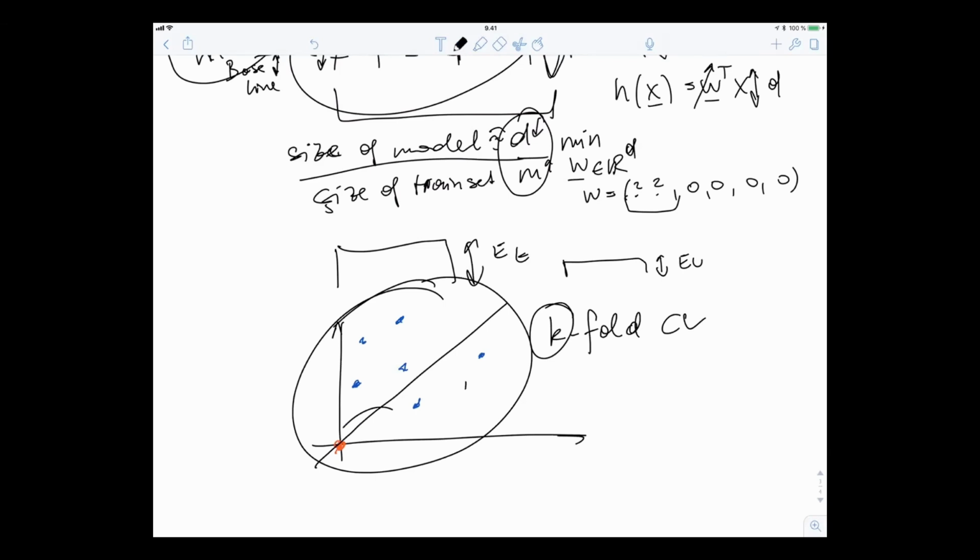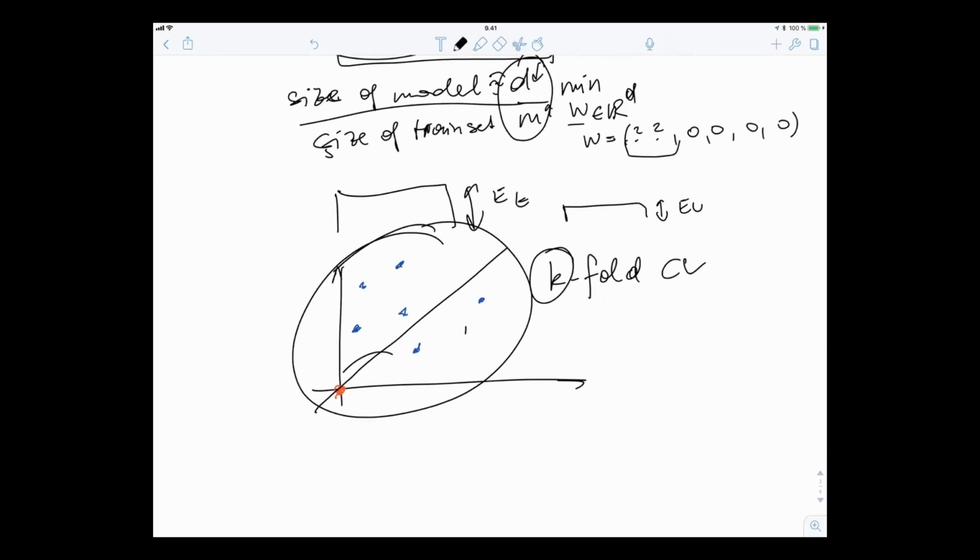Okay, in general, as a rule of thumb, how large would you choose the validation set? We use the validation set to compute the validation error. So let's say we have MV data points in the validation set, and we compute the average squared error.